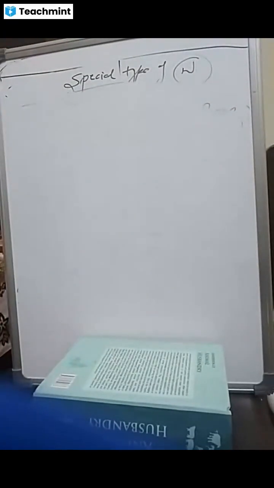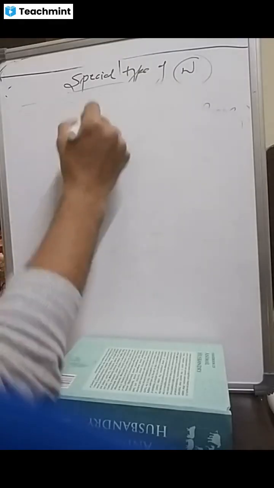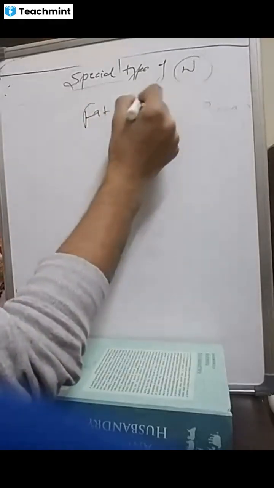What happens at microscopic level? Because pathology is gross and microscopic, ultrastructure and molecular, four levels. So fat necrosis is there.